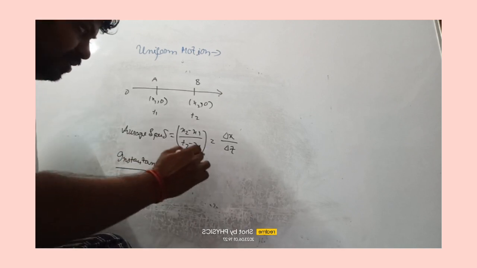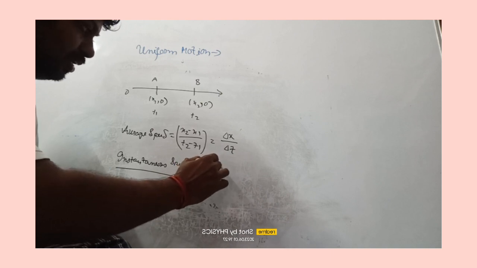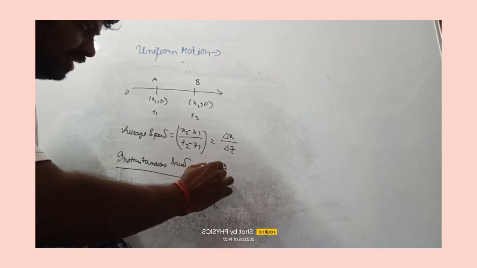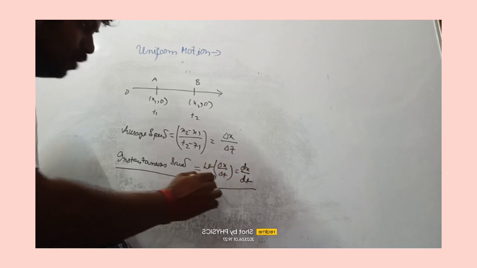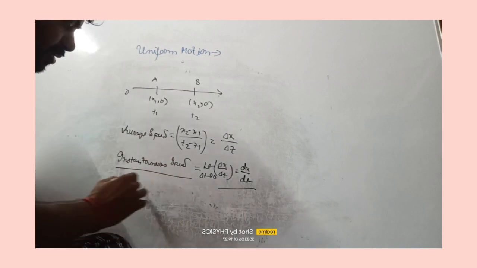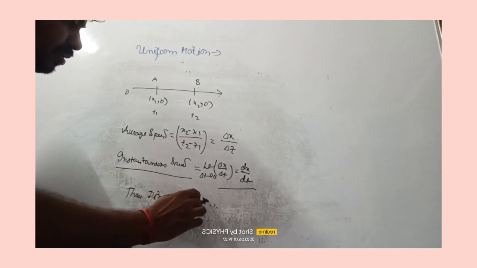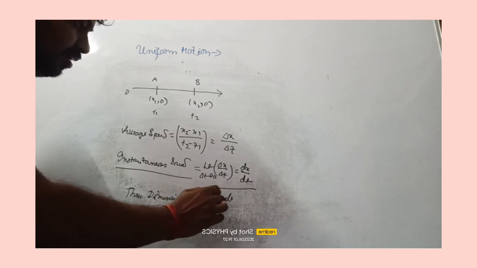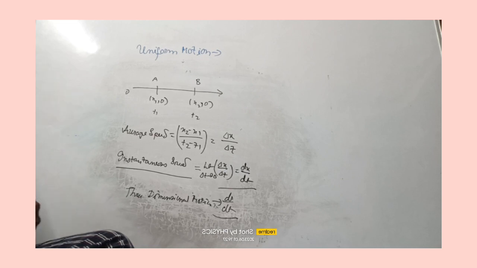So instantaneous speed is equal to the limit as delta t tends to 0 of delta x by delta t, and it is written as dx by dt for one-dimensional motion. For three-dimensional motion, it can be written as dr by dt.